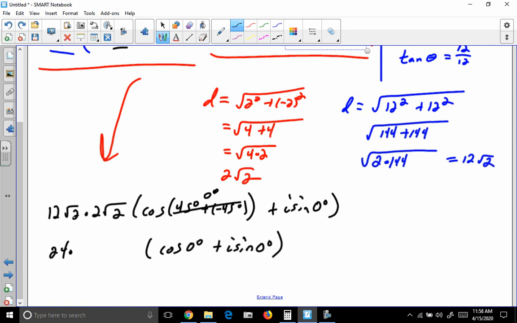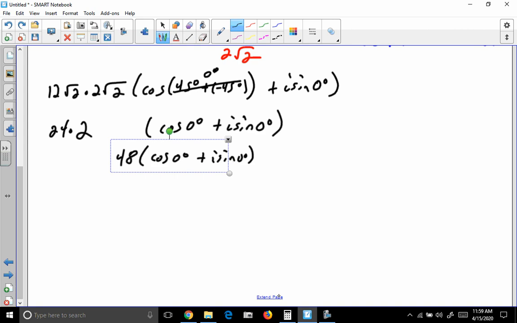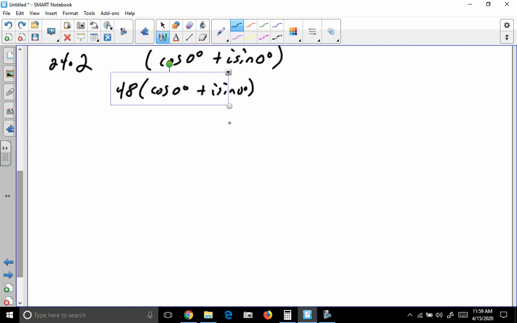If we multiply root 2 times root 2, root 2 times root 2 is root 4, which is 2. So that gives us 48 out front. And cosine of 0 degrees, sine of 0 degrees. So that's our answer in trig notation.